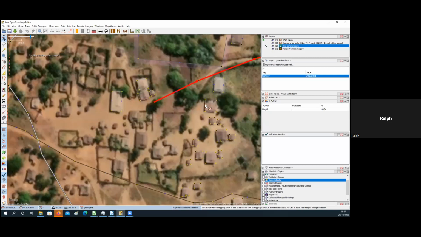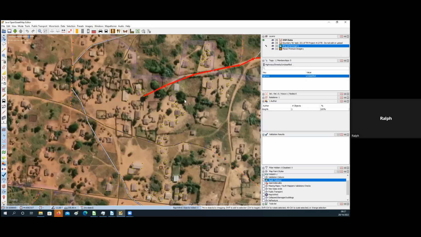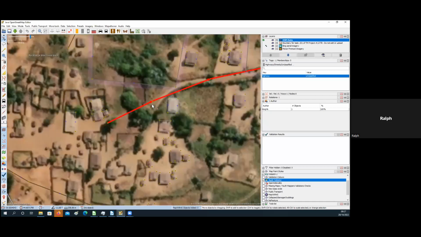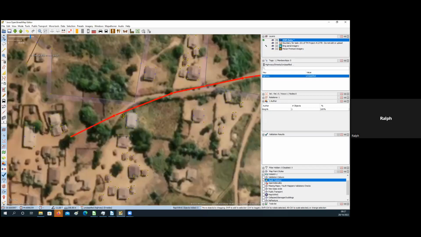It is connecting to the road system, but it stops. And you can see that it should have been not unclassified, but this should have been a residential road. It doesn't go anywhere, it doesn't interconnect.